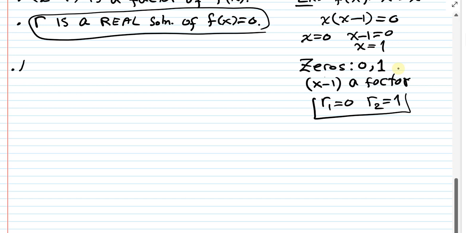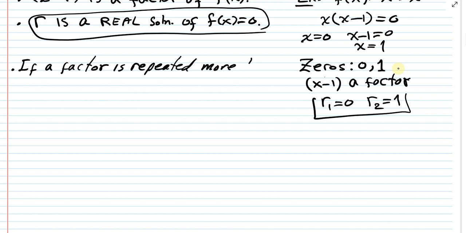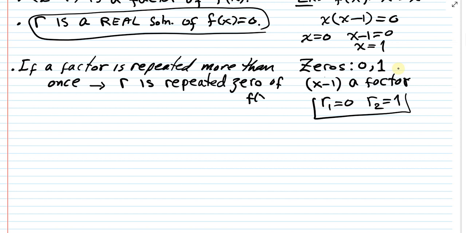So let me write that. If a factor, for example, this one, x minus 1, or x, either or, if a factor is repeated more than once, then we say that r is a repeated zero of f of x.